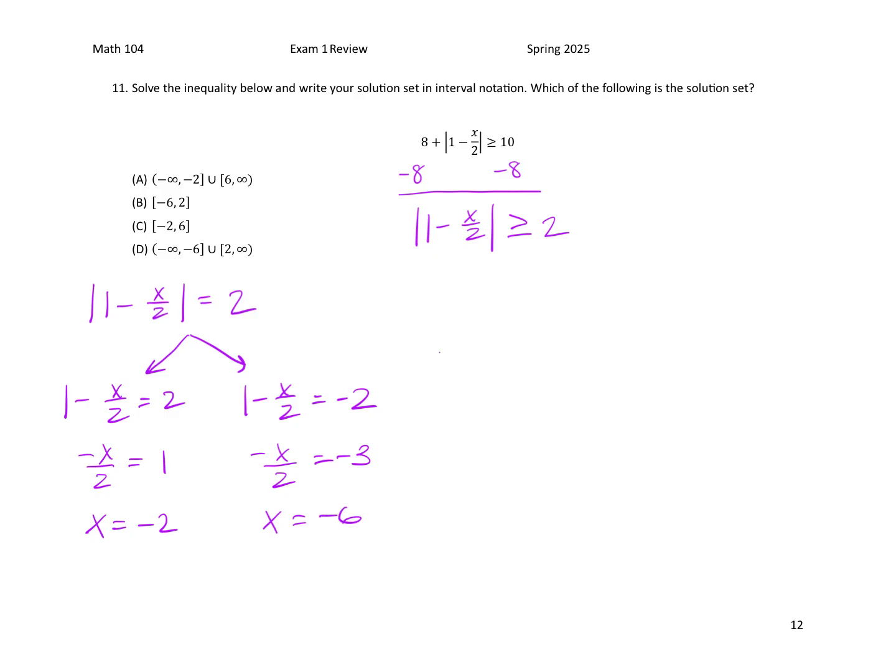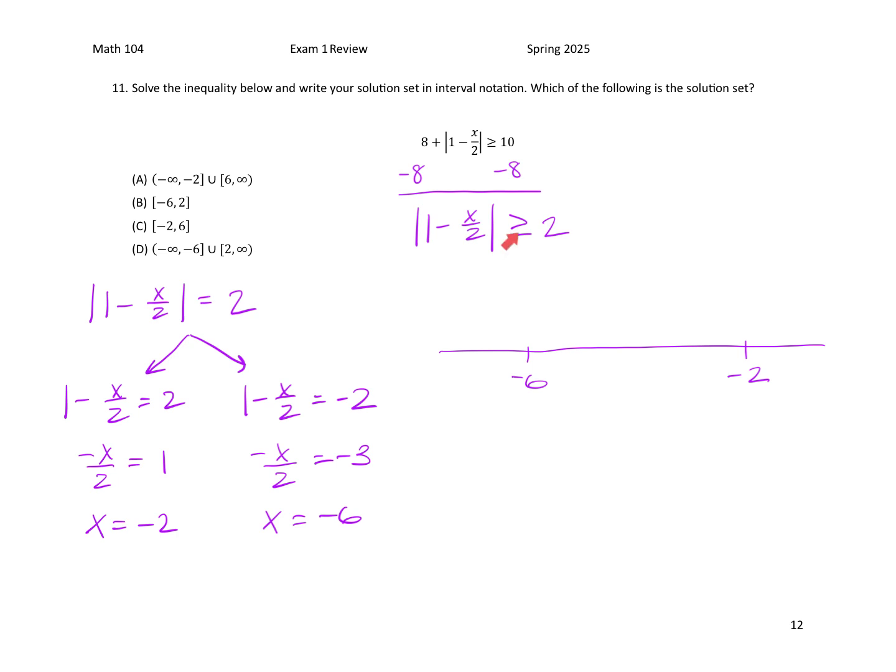So let's draw a number line and put these two numbers on it. Here's negative 6. Here's negative 2. Those are the solutions to the equation, the equals. If it was the absolute value of this stuff equals 2, it's greater than or equal to 2. So those are going to be solutions, negative 6 and negative 2.